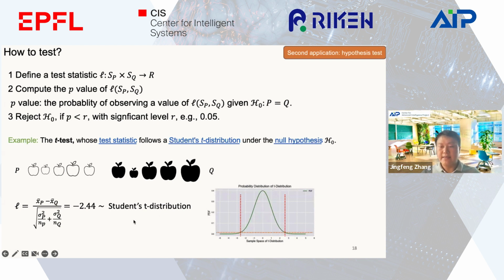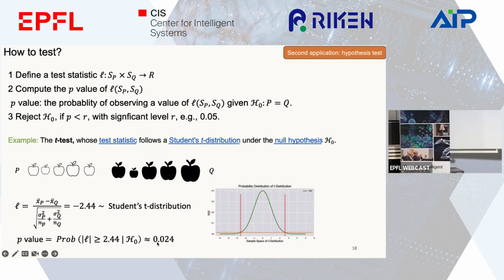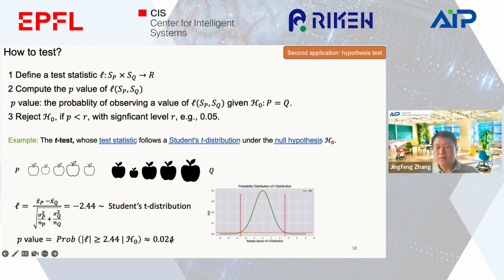We found that the probability of this test statistic under the null hypothesis is very low, for example, 0.024. Then we cannot accept it. We have to reject the null hypothesis and conclude that these two batches of apples are of different quality.